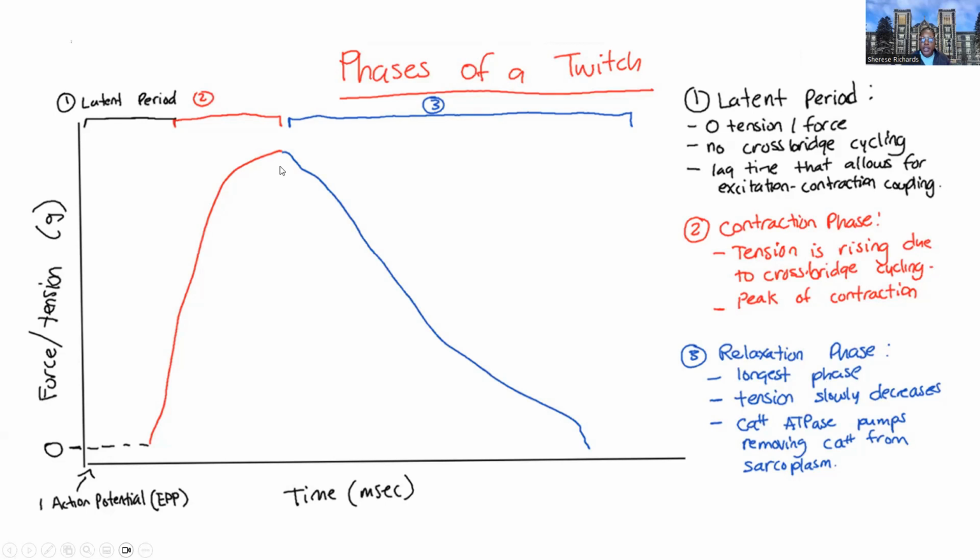This is when the force or tension slowly drops off, and the mechanism behind this is the removal of calcium from the sarcoplasm with the help of the calcium ATPase pumps. So all of the mechanisms that we just described a few seconds ago directly translate to the phases of the muscle twitch, okay?